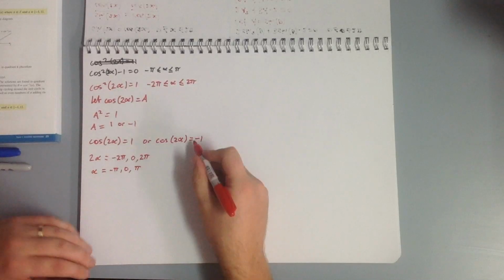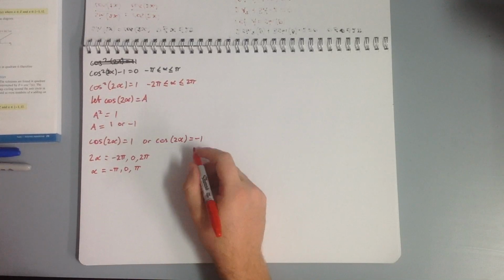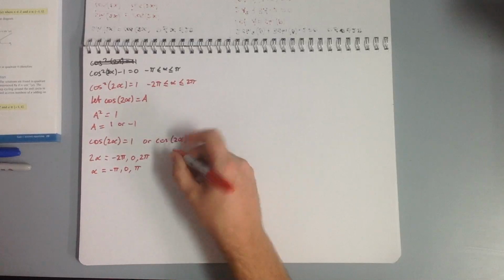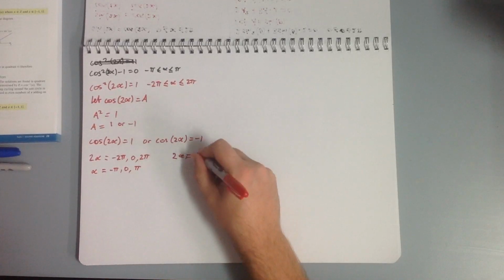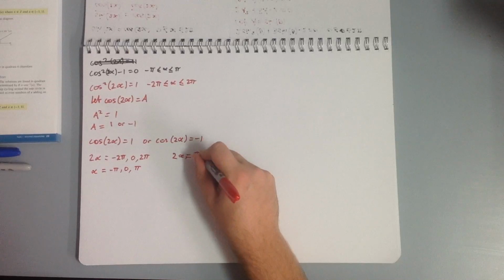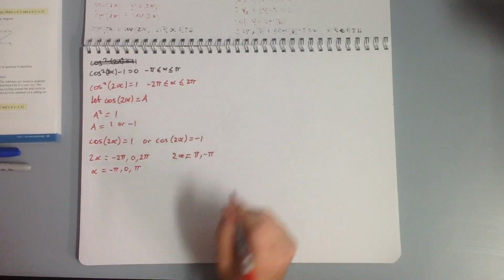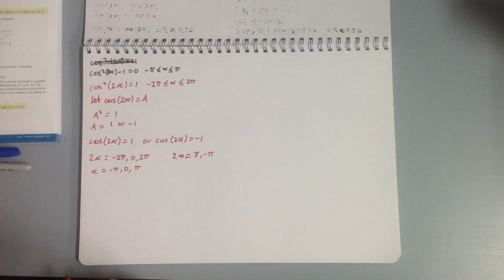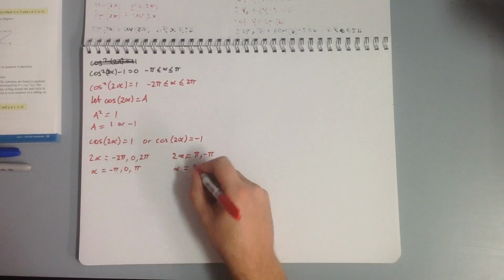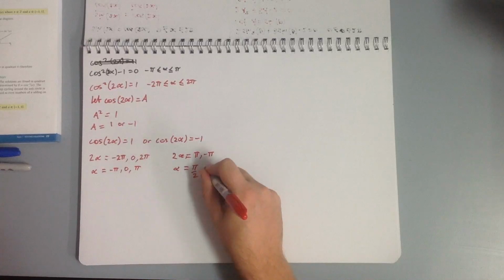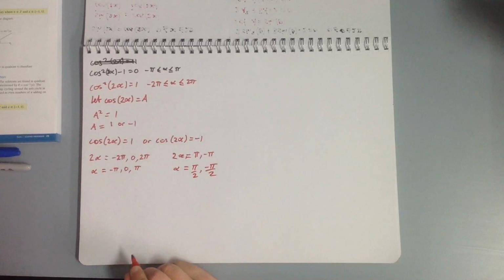And when we look at this one, with negative 1, well, that happens at pi and negative pi. That is when we equal negative 1. So therefore alpha equals pi on 2 and negative pi on 2.